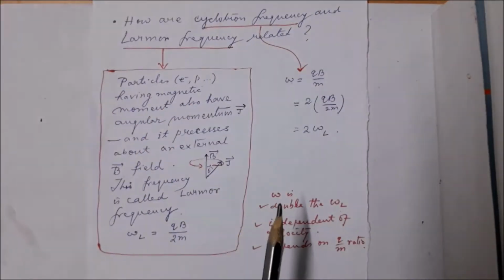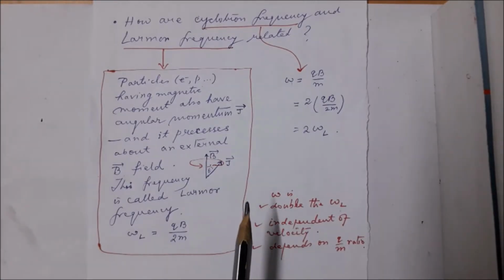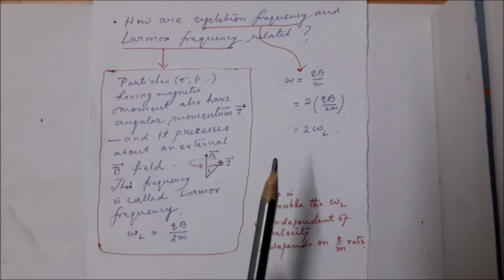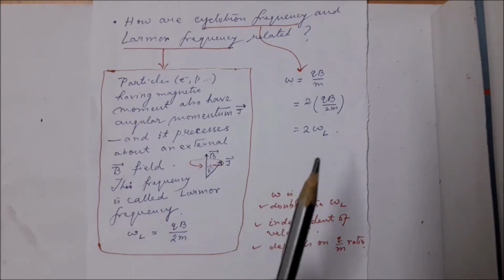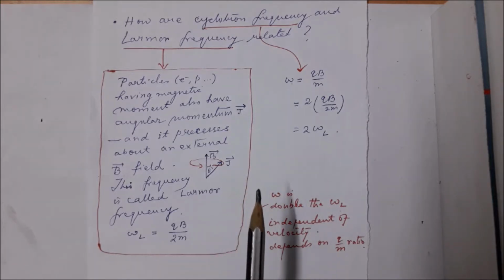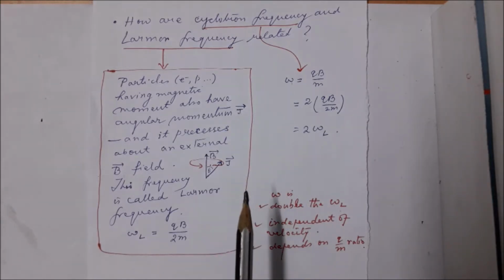It is actually a change in orientation of J with respect to B, and it is a change in one Euler angle, and these things can be discussed in a separate lecture series.